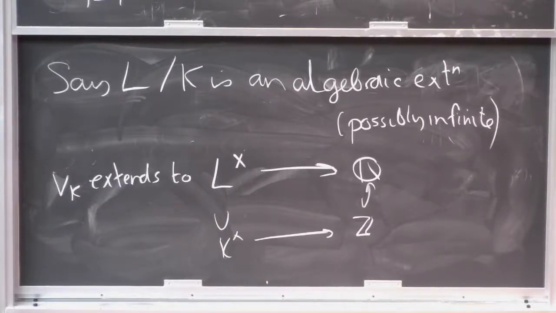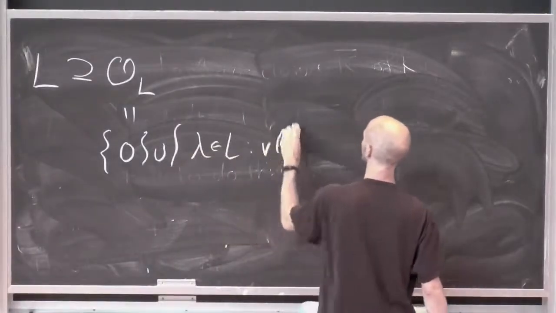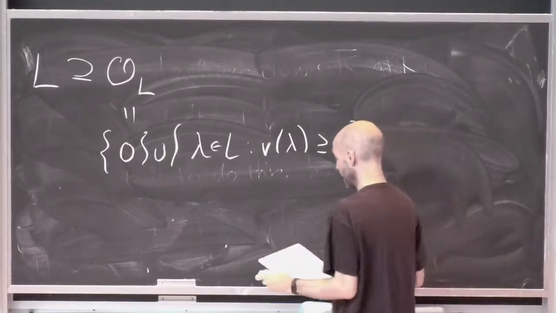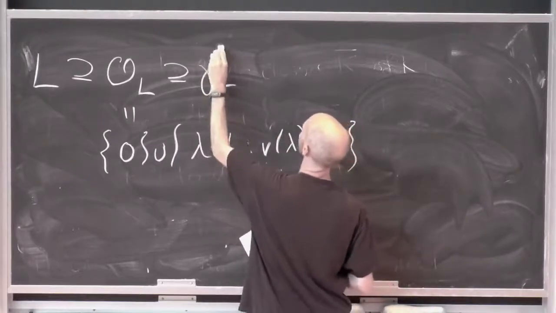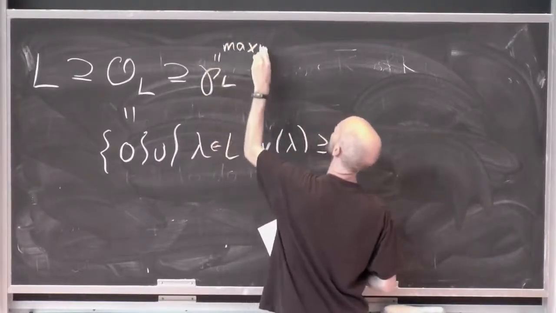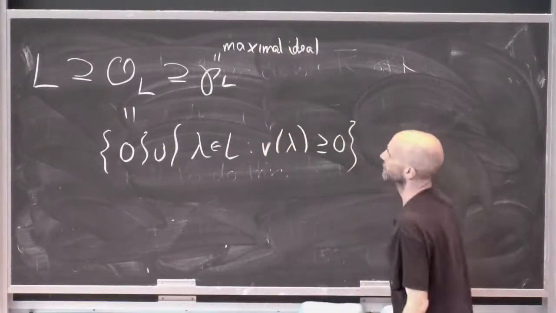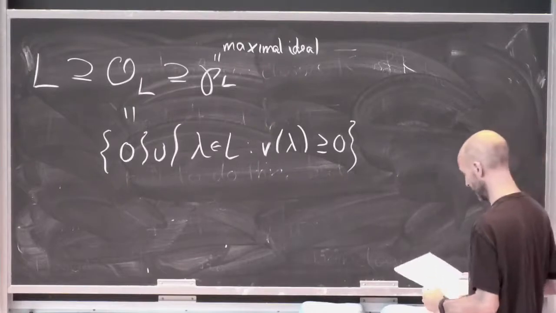L contains OL, which is just 0 union the lambda in L such that V of lambda is greater than or equal to 0. And that contains PL, and that's the maximal ideal, although in this generality, unfortunately, PL might not be principal, if we're in some complicated infinite case.